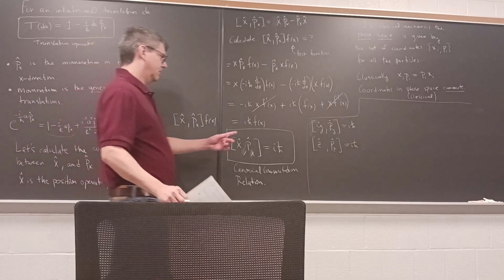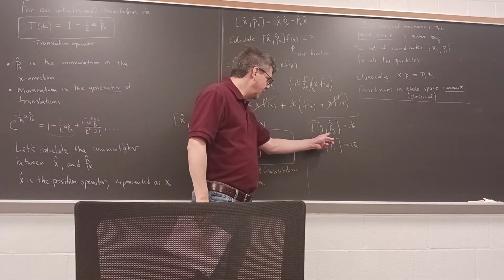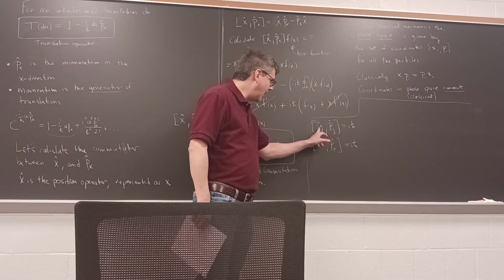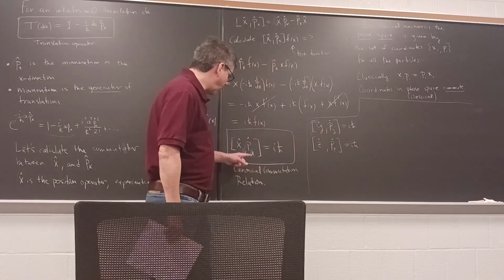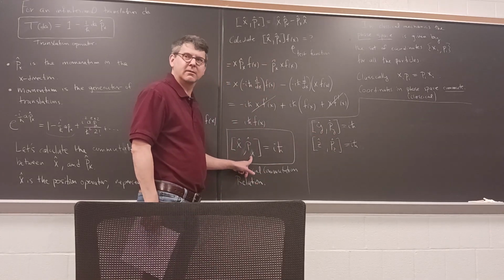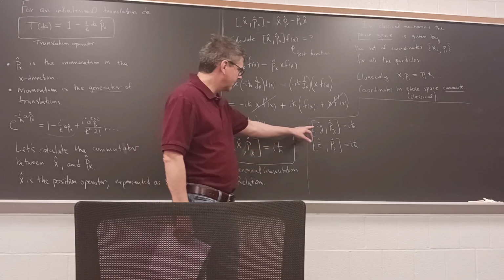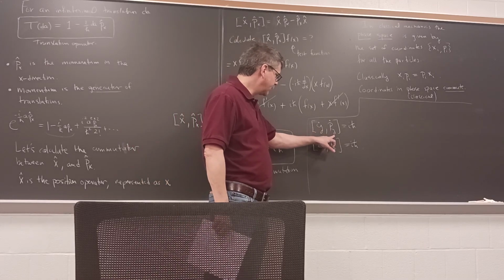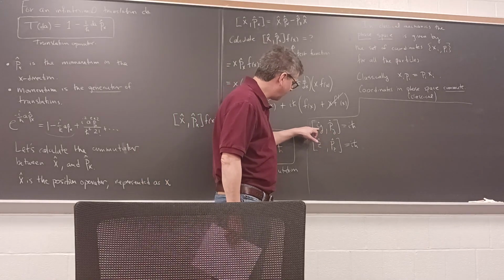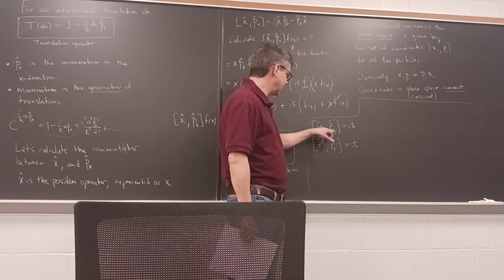Okay? So in quantum mechanics, y doesn't commute with p_y, but y commutes with p_x just fine. It's only the identical conjugate. We say that p is conjugate to y here because that's what's non-commuting.